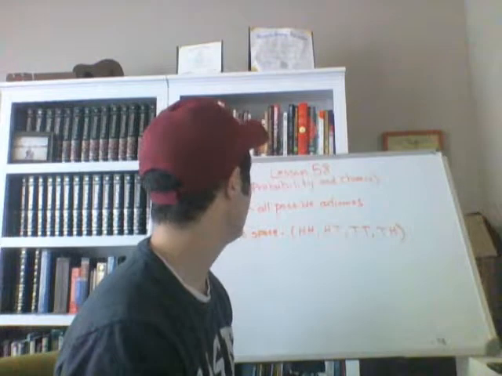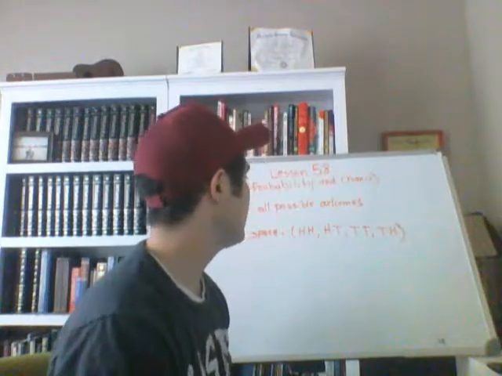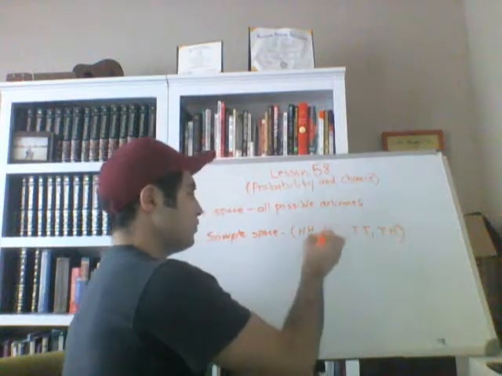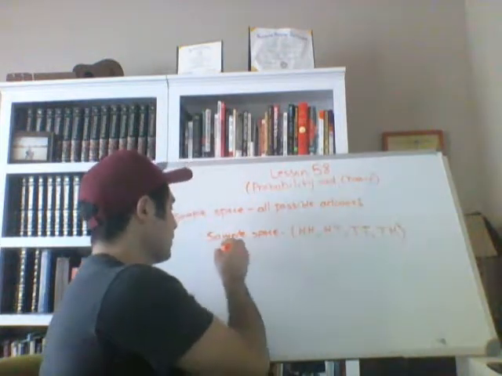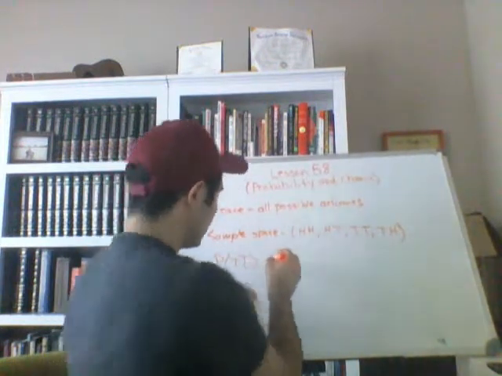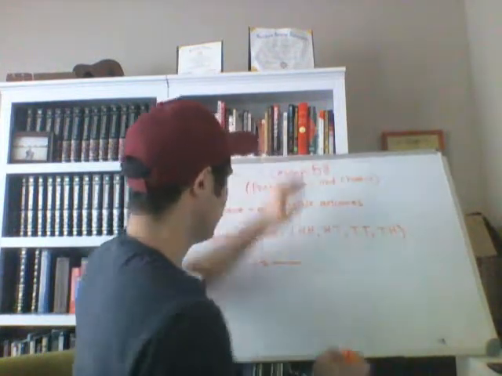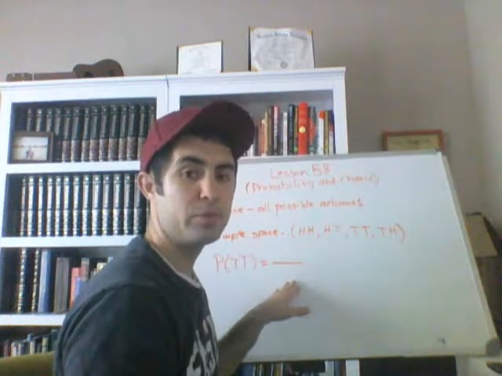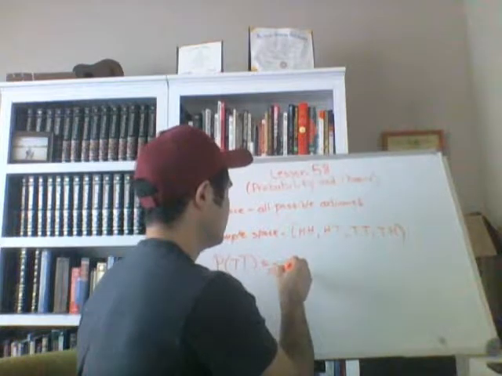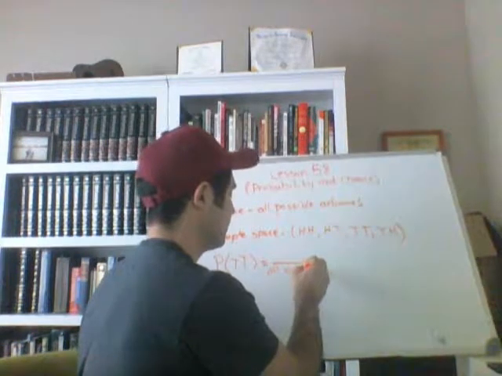So what's the probability that you flip 2 tails? If you wanted to calculate that, you'd say probability of 2 tails equals, remember, your sample space, or all possible outcomes. Let's just put all outcomes goes on bottom.